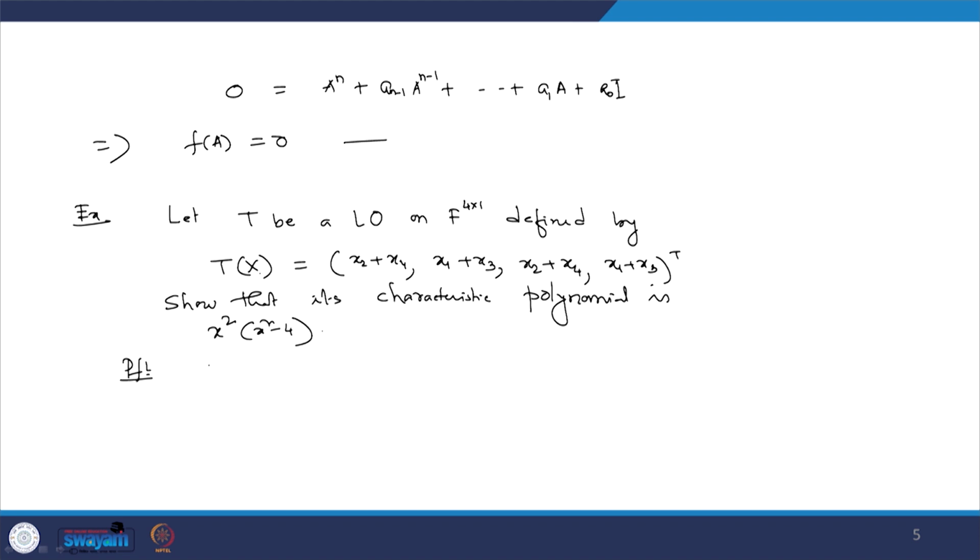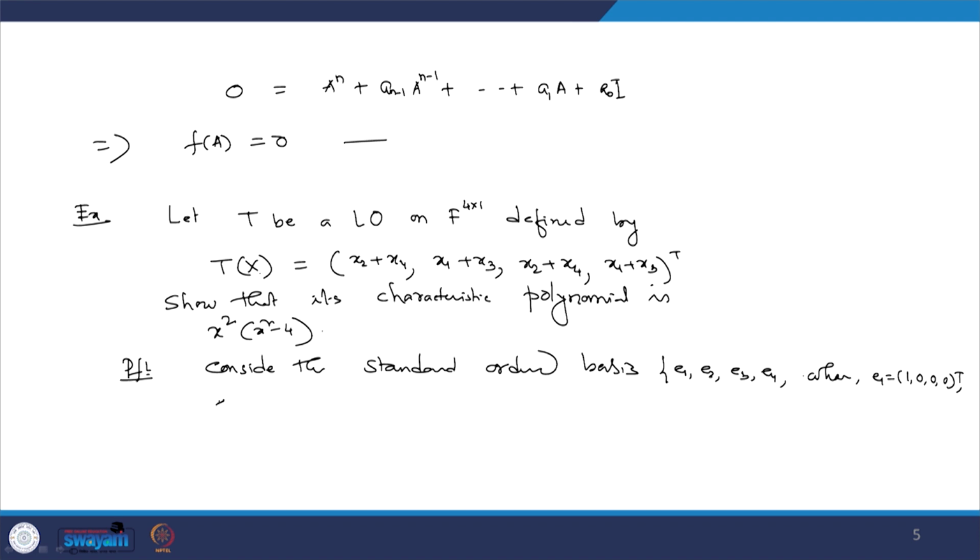So, consider the standard ordered basis E1, E2, E3, E4, where E1 equal to (1 0 0 0) transpose, E2 is equal to (0 1 0 0) transpose, and so on, please.